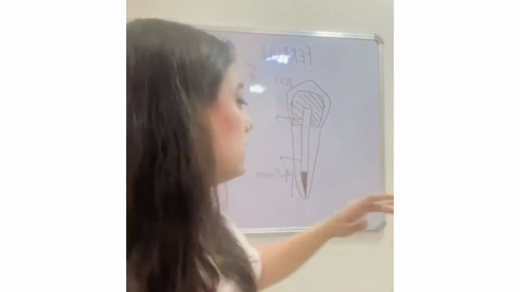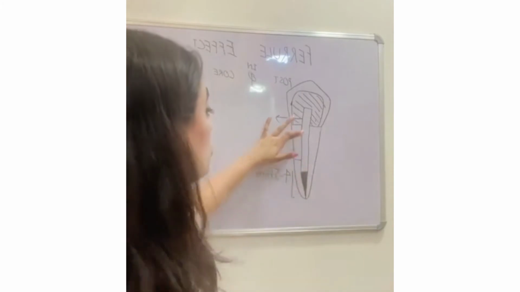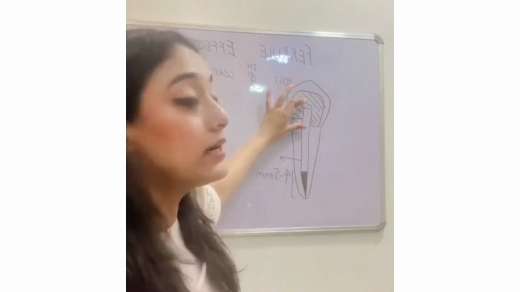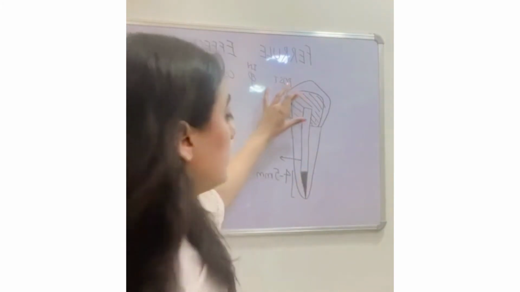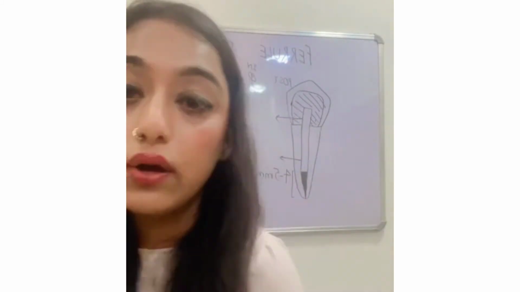Now going ahead, imagine if you have inserted your post, it has reached till the level of your gutta percha. You have made sure that a little bit of your post is extending coronally, and you can use the same material, the one you have used to cement your post inside, to do your core build-up as well.